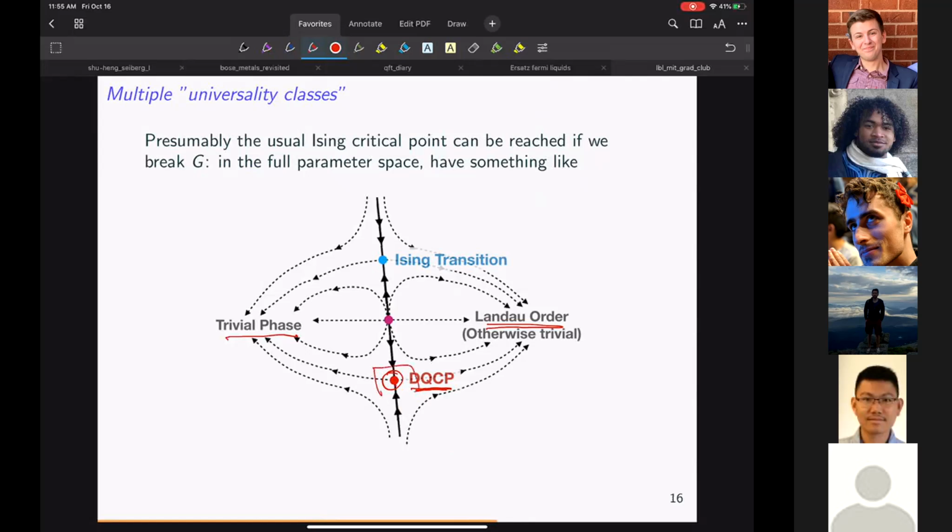This phase transition, which is robust, is what I've been describing. But presumably, if you change some other parameters in the microscopic UV lattice model, you can get between these two phases by using the traditional Ising Z2 transition, which has been studied to death, with the regular Ising exponents.